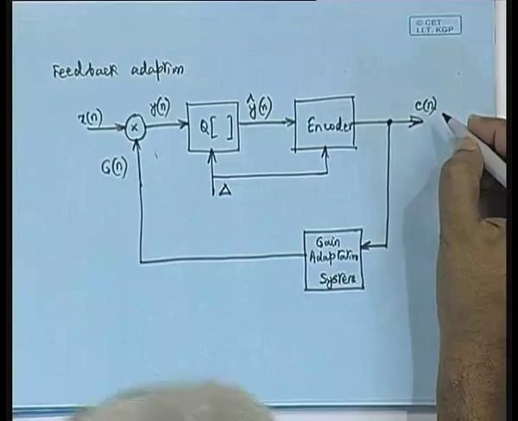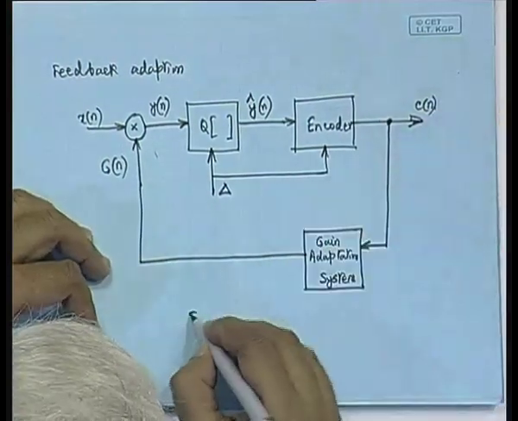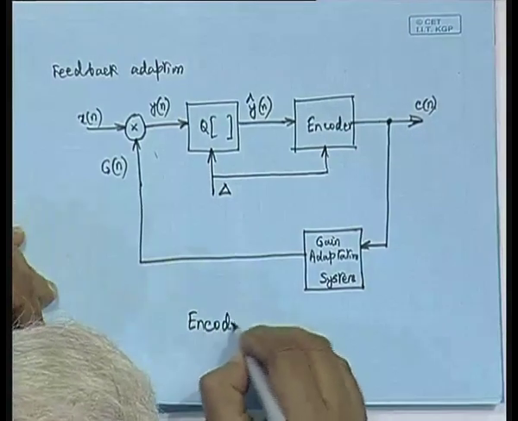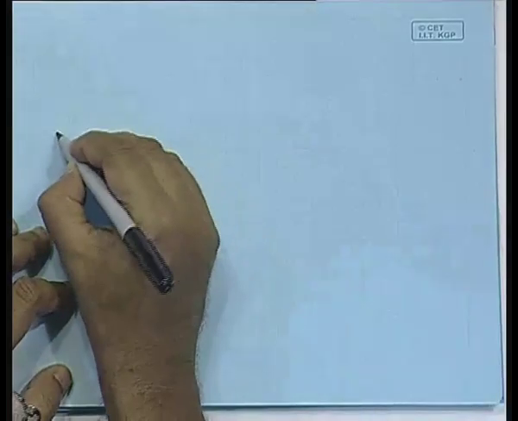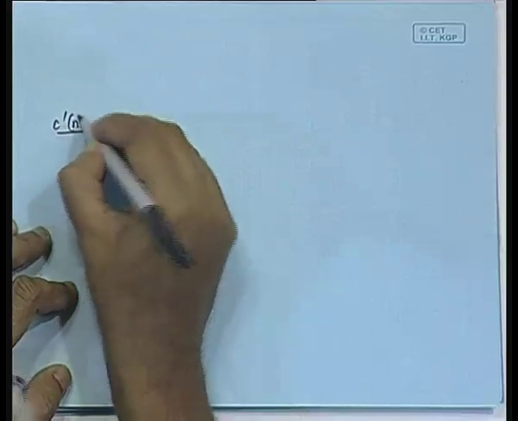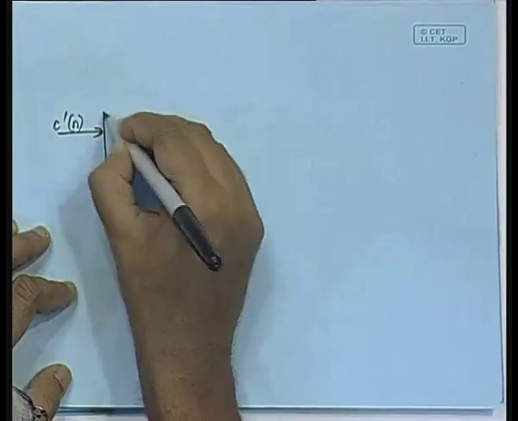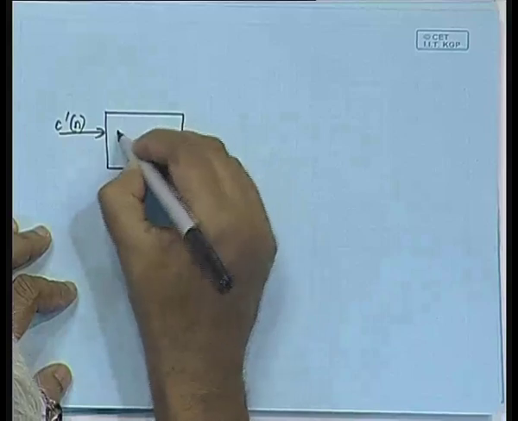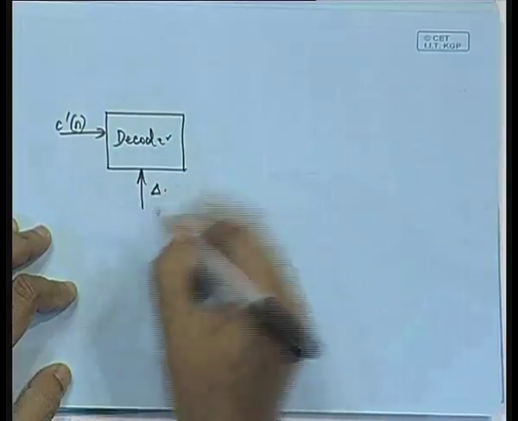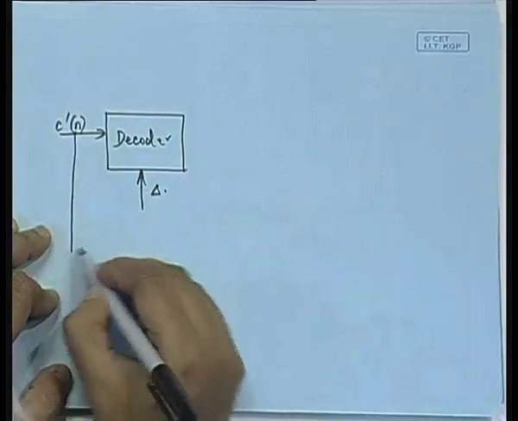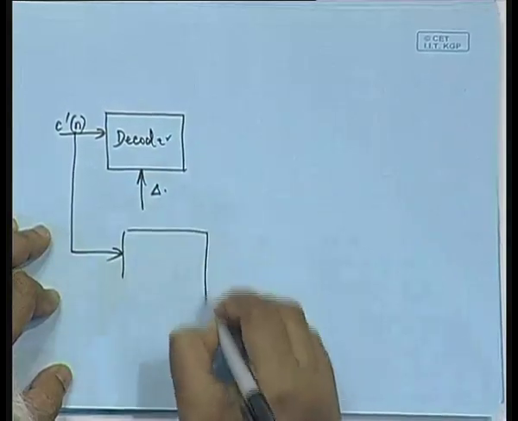Because of what we are going to do at the decoder. So this is the encoder. At the decoder, what we are going to do is just the reverse of this. So it is received as C prime of n, which goes to the decoder with the step size delta, and then we will have the gain adaptation system.